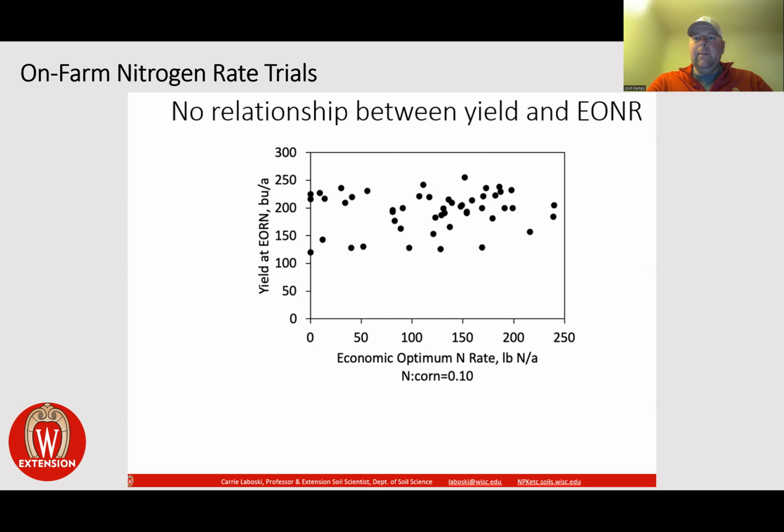That's when we're getting a nice yield increase when we're adding an additional pound of nitrogen, either fertilizer or nitrogen through manure or legume credit. And really what that data set showed us is that there is not always a relationship between yield and nitrogen rate.